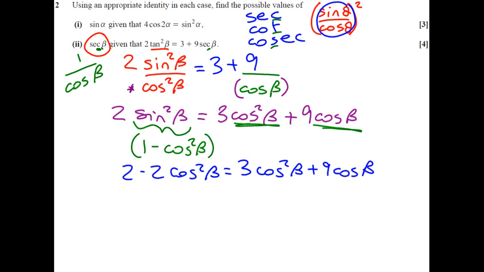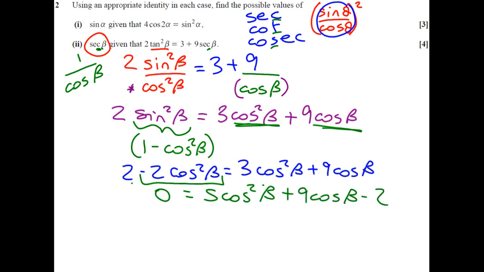Right, we're going to simplify. We're going to add this to this side, and we're going to take that away so that we've got 0 equals 5 cos squared beta plus 9 cos beta minus 2. Okay, that is a hidden quadratic.